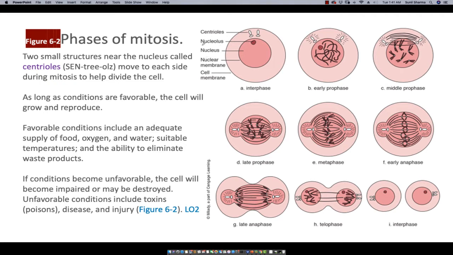So we see that we have the nucleus. Nucleus is right here, and we have the nucleolus. That is a portion of your genetic coding, and so the genetic coding begins to get dispersed, and as it gets dispersed, it begins to then become elongated.